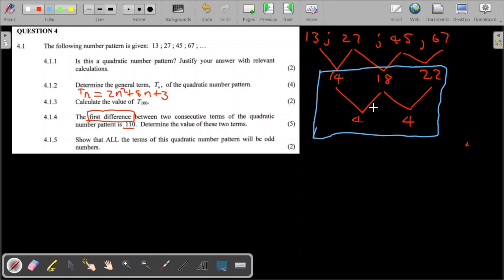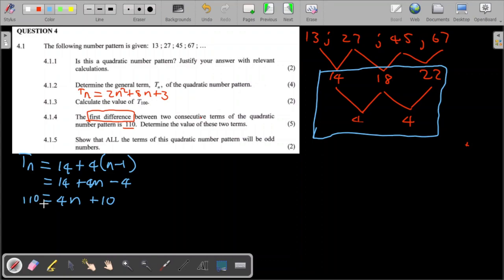Now we need to find the equation of this linear pattern. So Tn is equal to a, which is 14, plus d, which is 4, into n minus 1, which is 14 plus 4n minus 4. So my Tn here is just 4n plus 10. Now they are telling us that the first difference of the two consecutive terms is equal to 100. So 4n plus 10 equals 100.